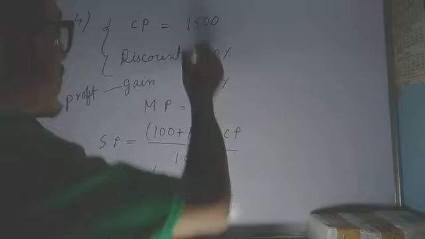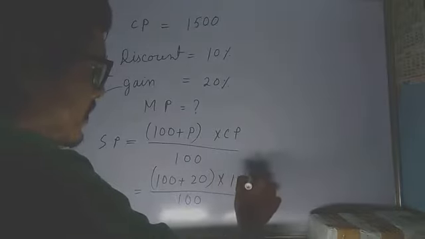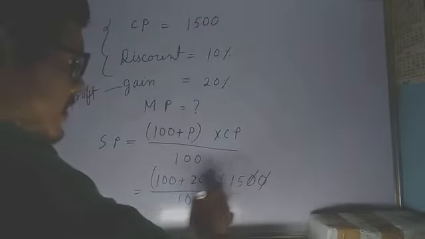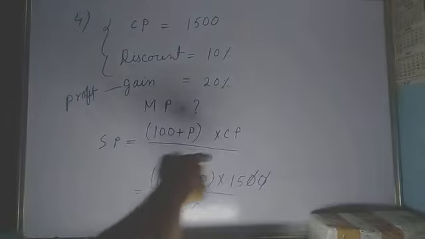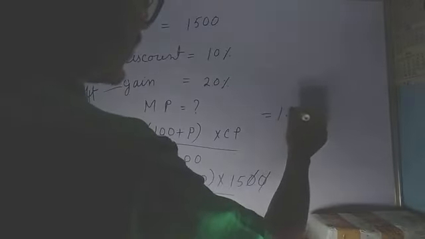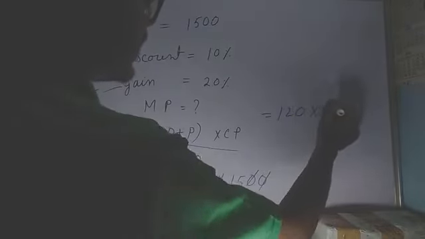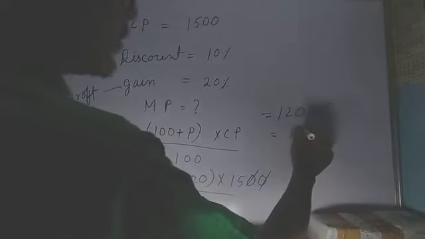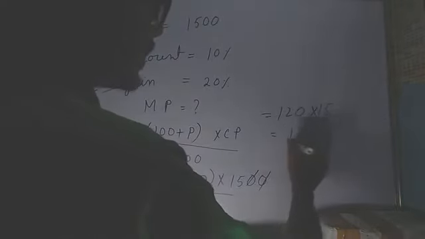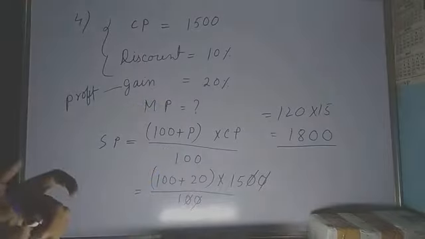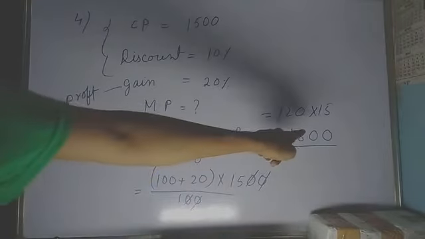And cost price is 1500. Cancel 0 0, so it will be 120 multiplied by 15. 15 times 12 is 180, one more 0, 1800. So our selling price is 1800.